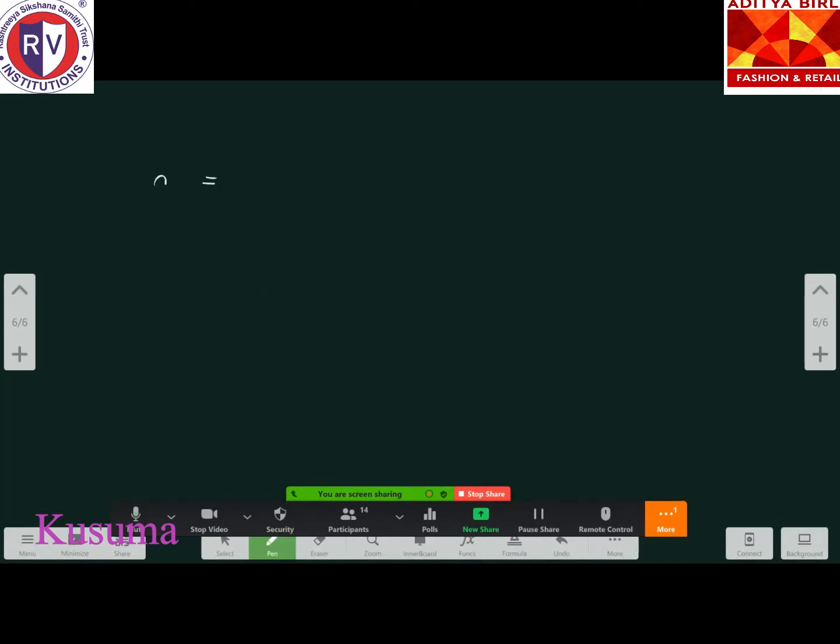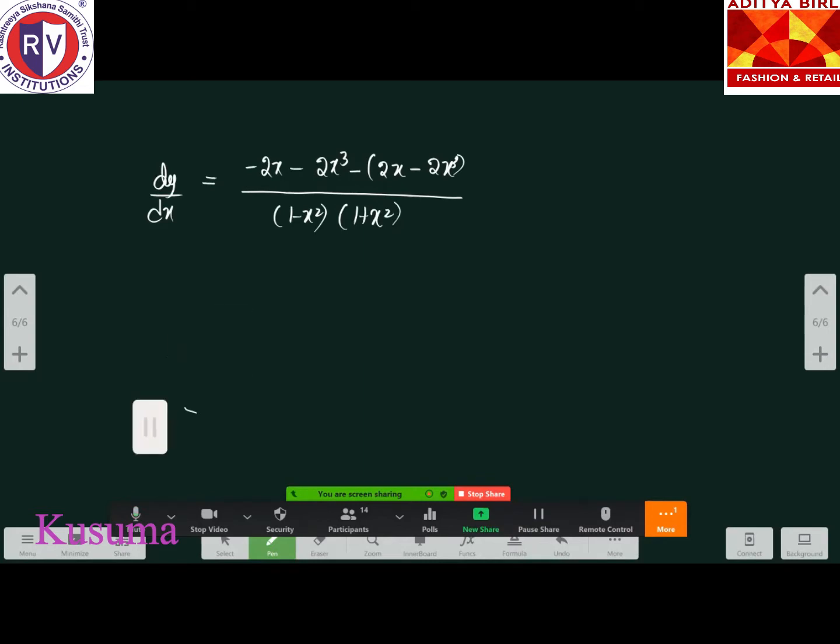So the numerator of this dy by dx will become minus 2x minus 2x cube minus of 2x plus 2x cube, right? So the denominator will be (1 minus x square) into (1 plus x square). You know how I have simplified?